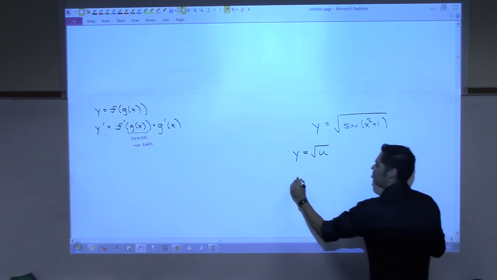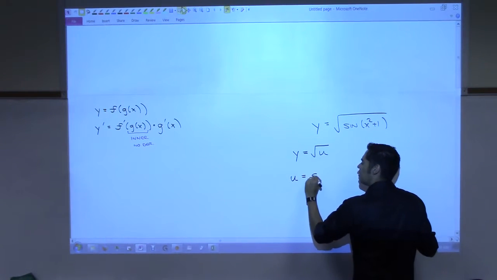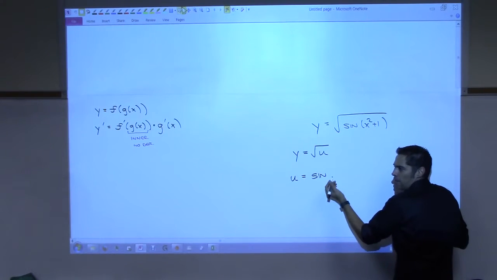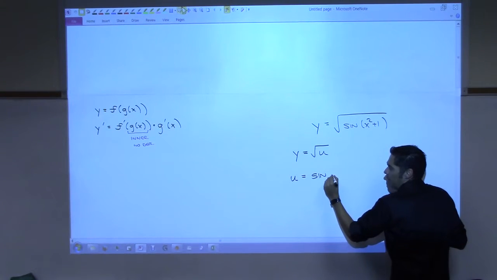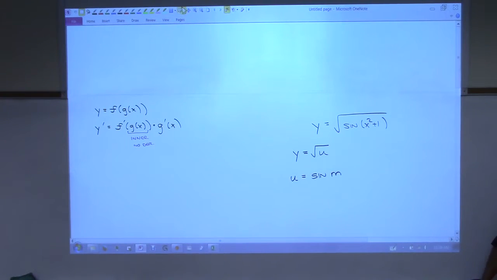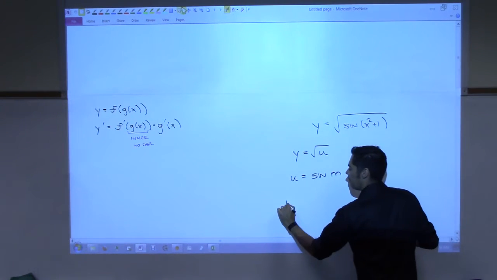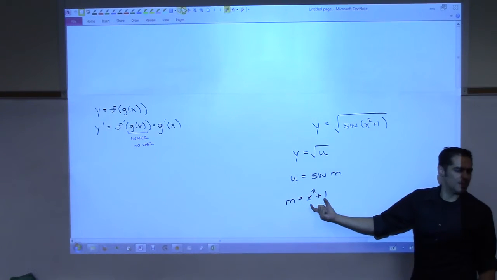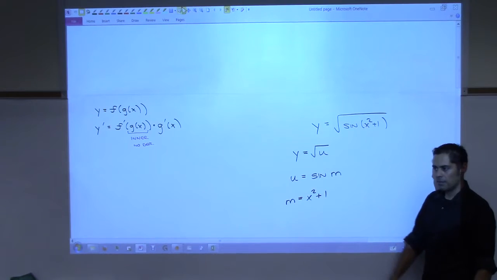So he would have said my u, the inside piece there, is sine of something. And he would have called that something some other letter, maybe m. It doesn't matter. And then he would say that m is x squared plus 1.